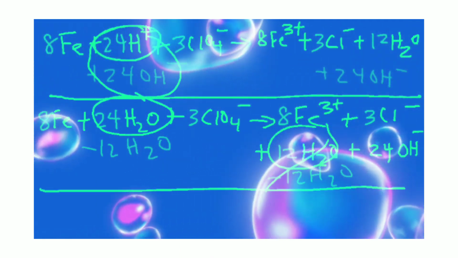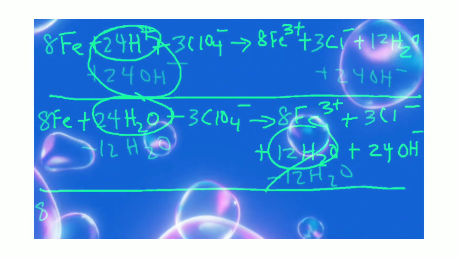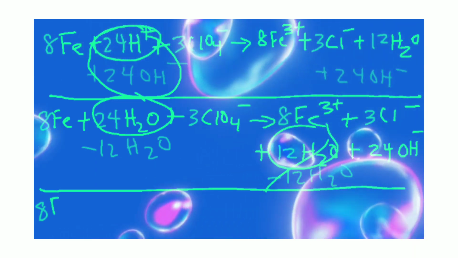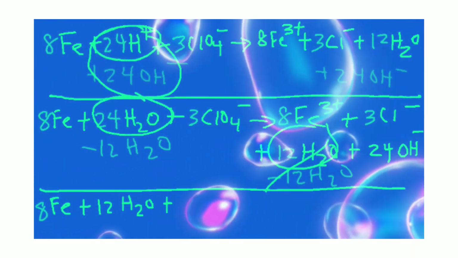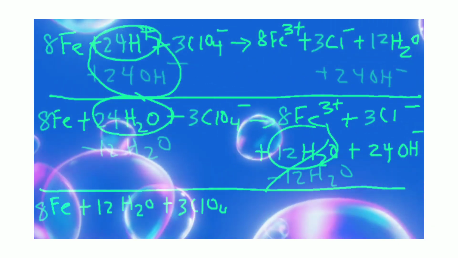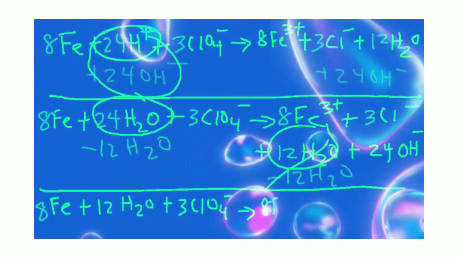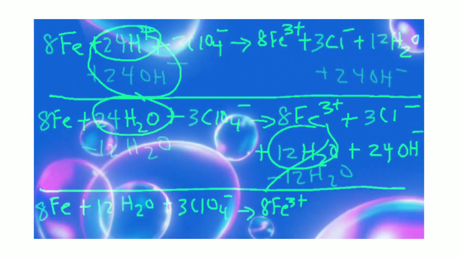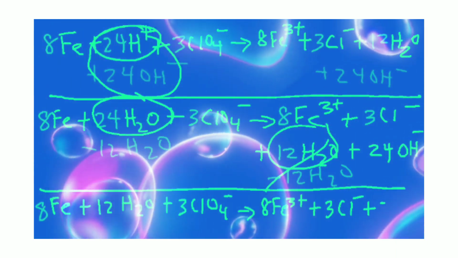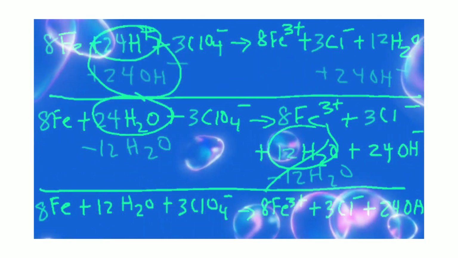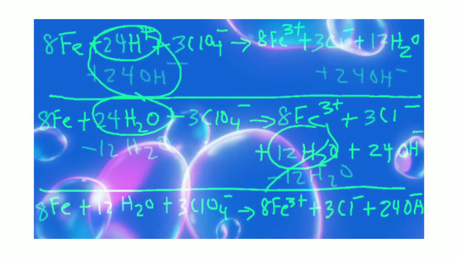So now we can write our final answer. It's going to be 8 Fe plus 12 H2O plus 3 perchlorate ions, which yields 8 Fe3+ cations plus 3 chloride ions, plus 24 hydroxide ions. So now it's balanced.